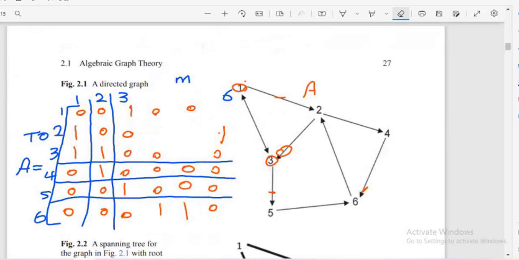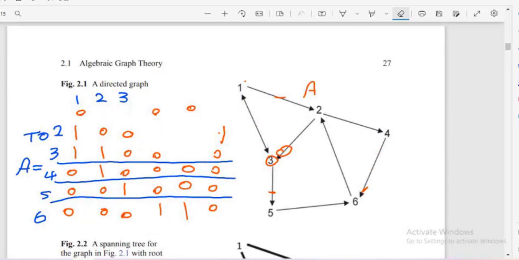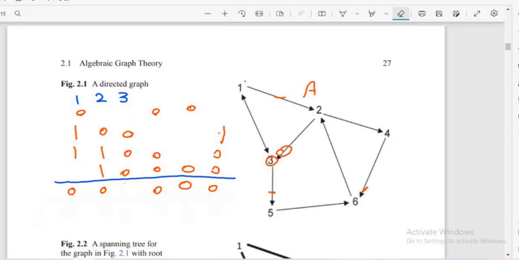this matrix to describe the spanning tree for this graph.